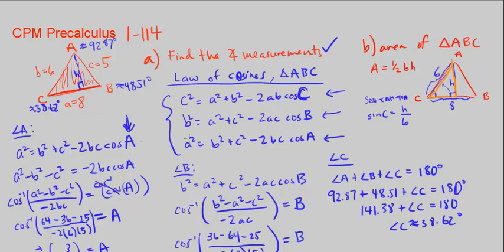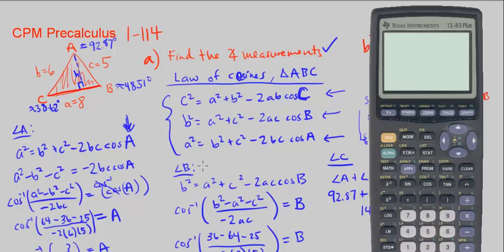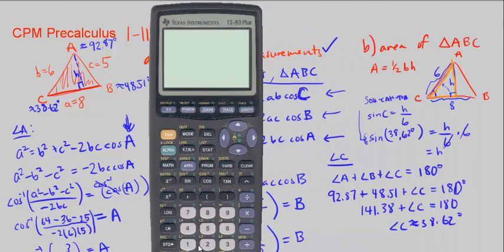Okay? And do we know angle C? Yes, we do. Angle C is 38.62 degrees. So sine of 38.62 is equal to H divided by 6. So can we use this right here to solve for H? Yes, if we multiply both sides by 6, right? These cancel out and we're left with H on the right side equals 6 times sine of 38.62. So let's put that in our calculator.